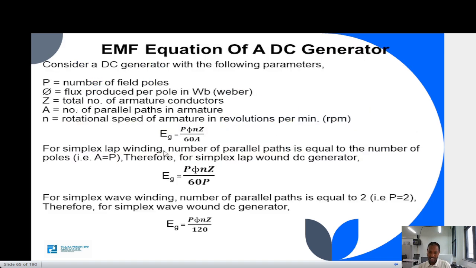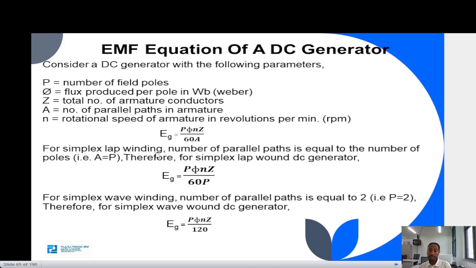For a simplex lap winding, there are simplex and duplex lap windings, what we call lap and wave winding. Our armature winding has two ways of winding on the shaft of our rotor: one is a lap winding and the other is a wave winding. We'll come to this later in detail.